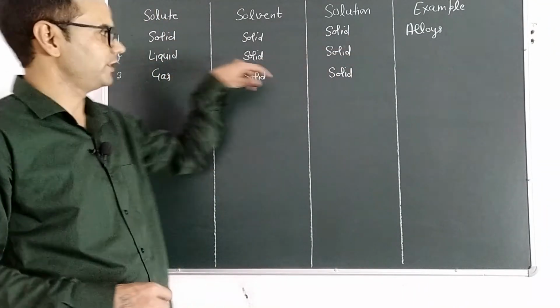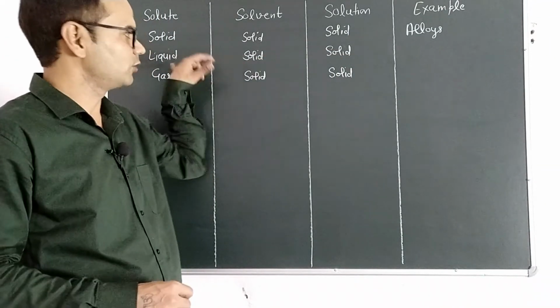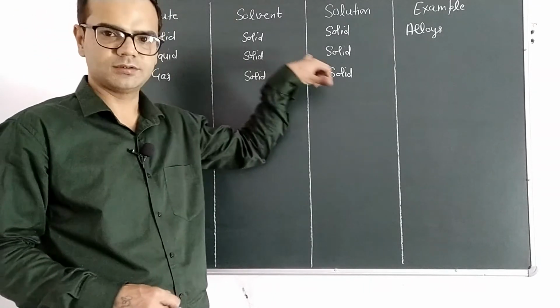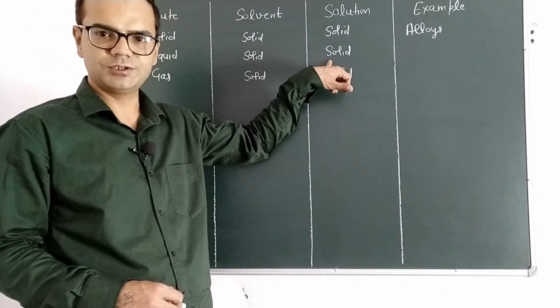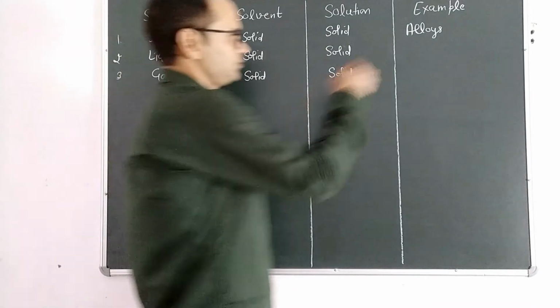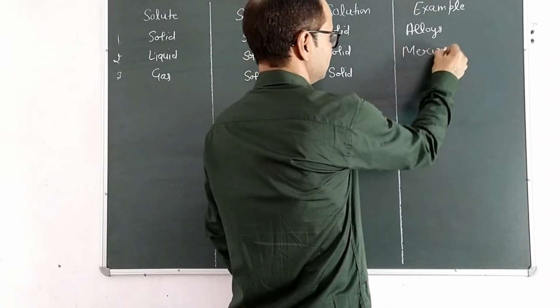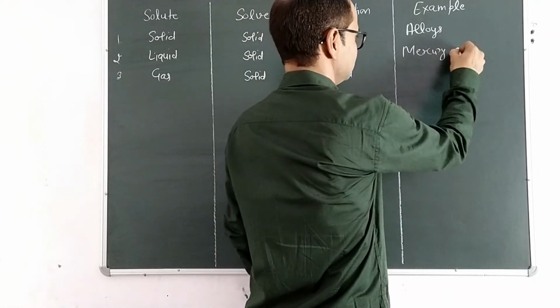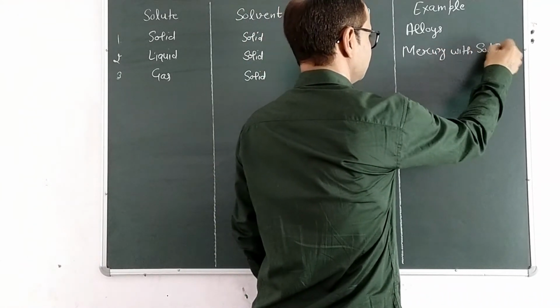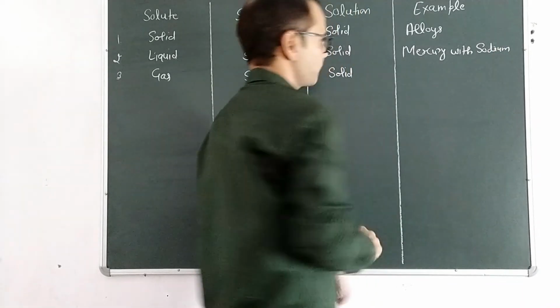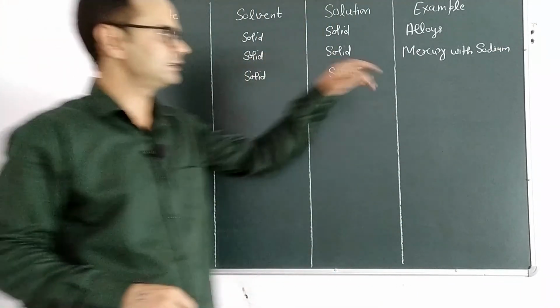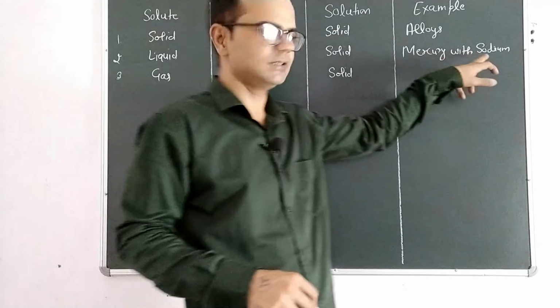Next is liquid in a solid. We will get a solid solution. The suitable example is mercury with sodium. Mercury is a liquid metal, and sodium is a solid metal.